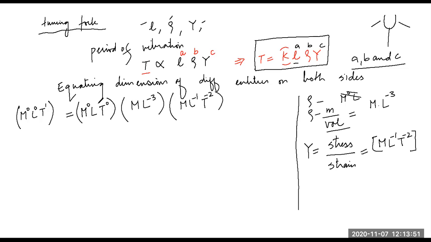Now I've made one mistake. Here you should write this as the dimension of L raised to power a, this is density raised to power b, and this is Young's modulus raised to power c.